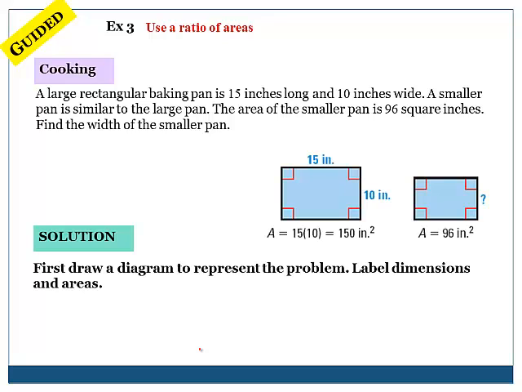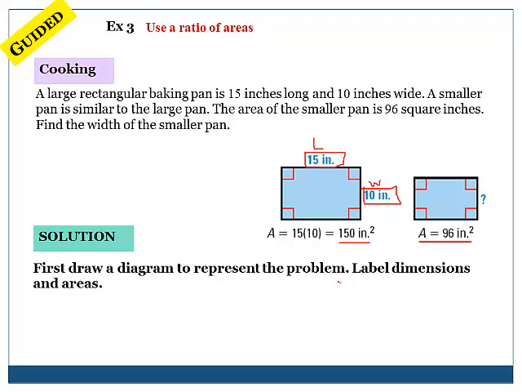So if I have these two here, I can actually figure out the area of the first one, 15 by 10, just by multiplying the two. I get 150 inches squared for the area. The other figure, they tell me that it's 96 inches squared, but that's all they tell me. So I know my length here is 15, my width here is 10.